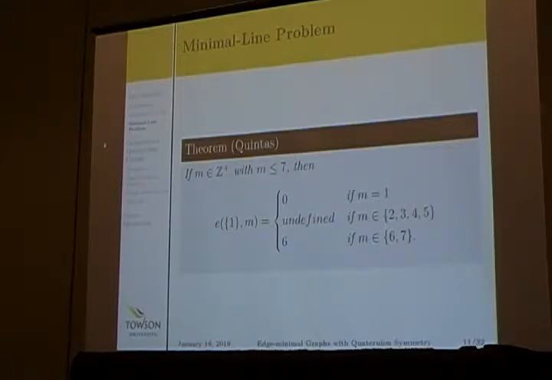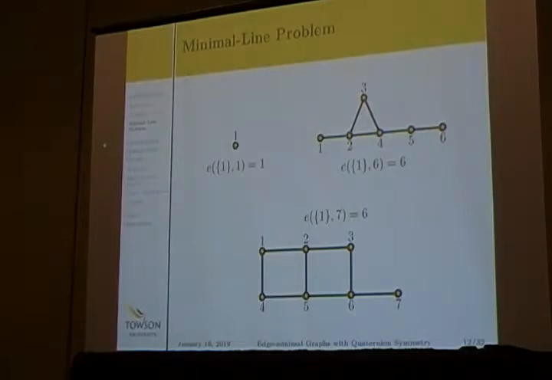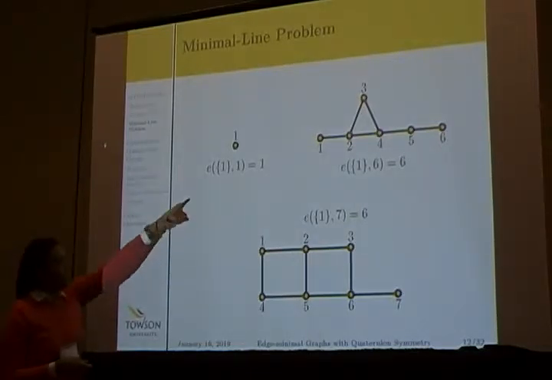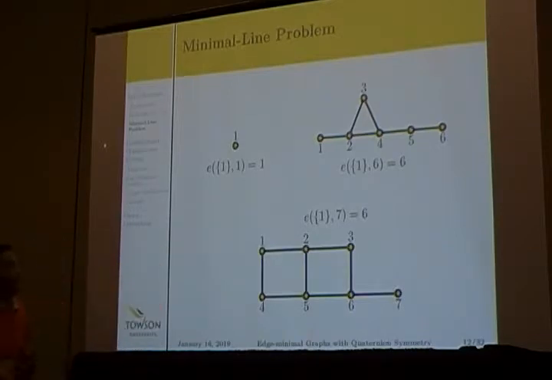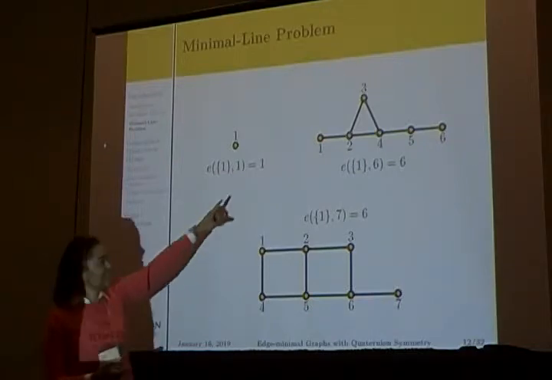And if you have 6 or 7 vertices in your graph, then you need 6 edges. So if we come back to the previous asymmetric graphs, this isolated vertex here is establishing that E of the trivial group on one vertex should be 0, right? 0 edges.